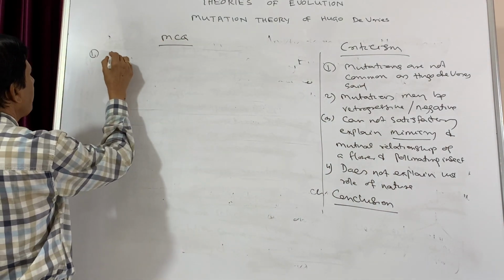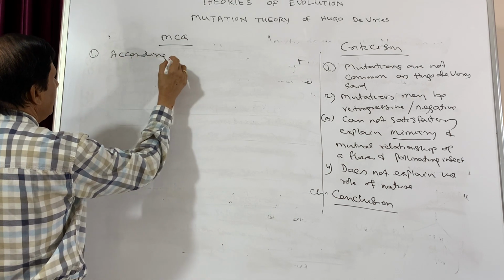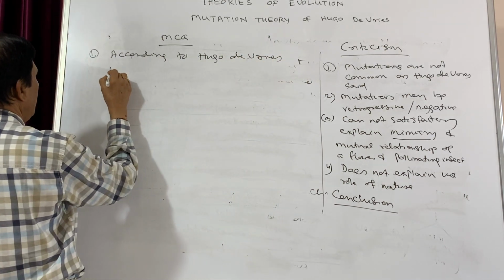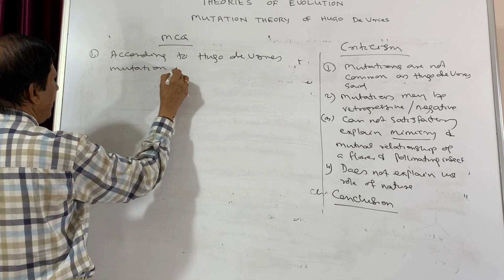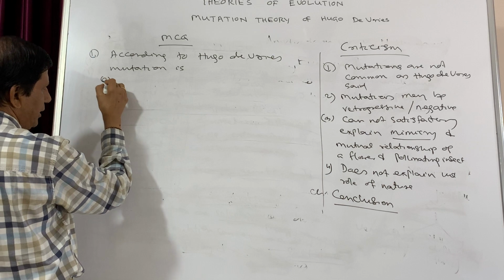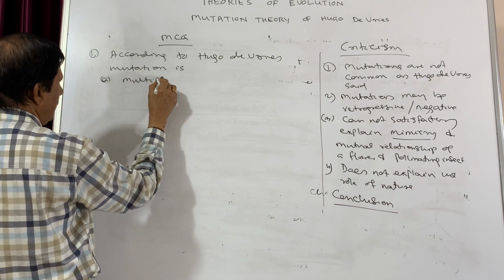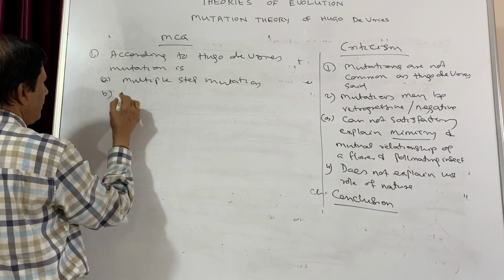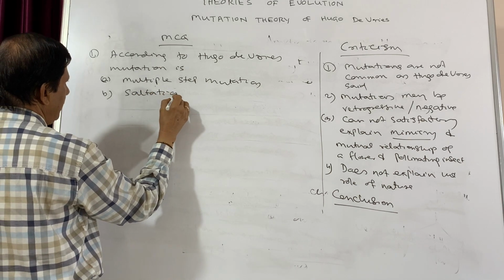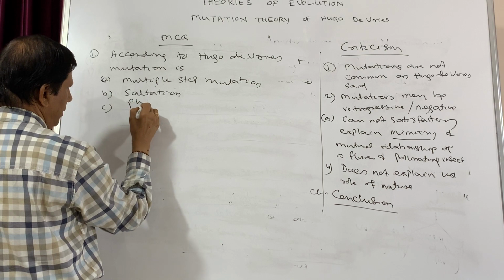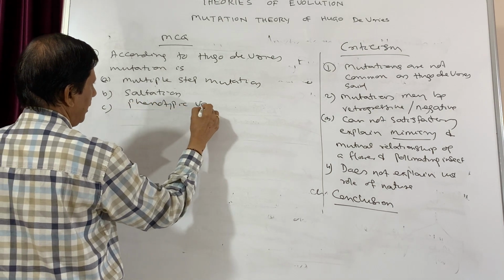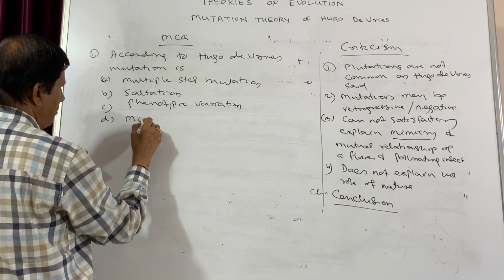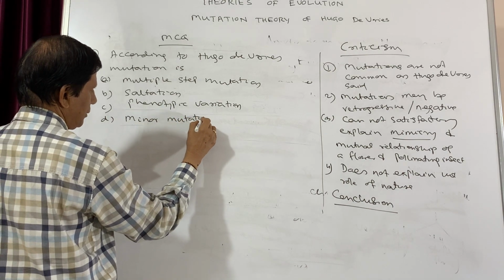So the first question is, according to Hugo de Vries, mutation is: first choice, multiple step mutation; second choice, saltation; third choice, phenotypic variation; and the fourth choice, minor mutations.